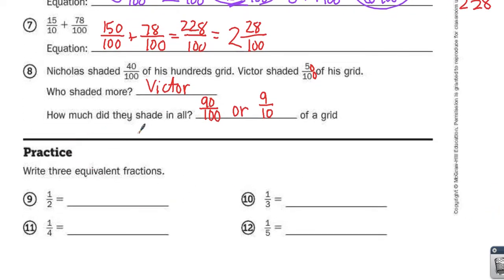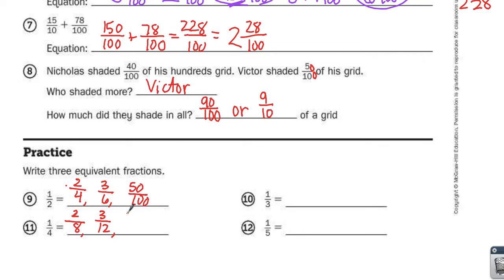Three equivalent fractions. Remember, whatever I do to the top, I must also do to the bottom. So I could do 2/4, 3/6, or even 50 hundredths. 1/4, if I multiply the top by 2 and the bottom by 2, I'd get 2/8. I could multiply 1 times 3 and 4 times 3 for 3/12.